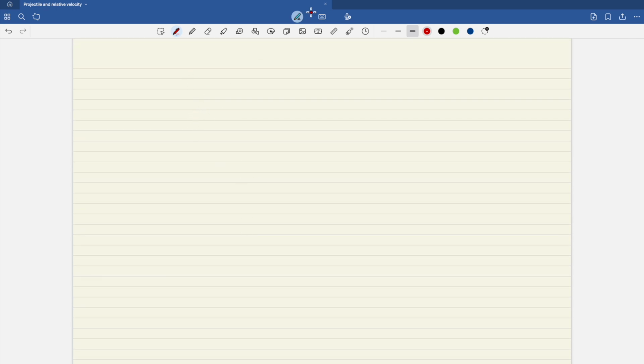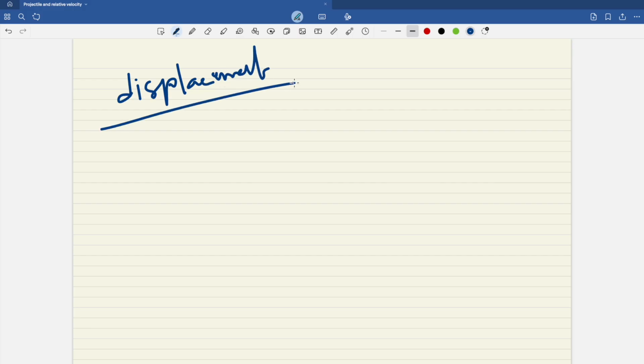Now there's an important basic concept of displacement. Let me just draw a line. Suppose a man started traveling from this initial point.